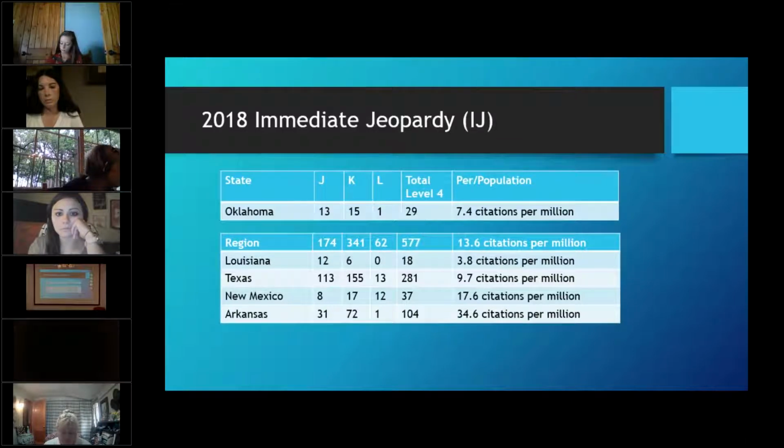New Mexico, 17.6 citations per million. And Arkansas, 34.6 citations per million. So as far as we are concerned in our region, we're not the best, but we're not the worst. That doesn't really mean anything to the individual that's being harmed in the IJ though. So it's important that, first of all, resident care is most important.